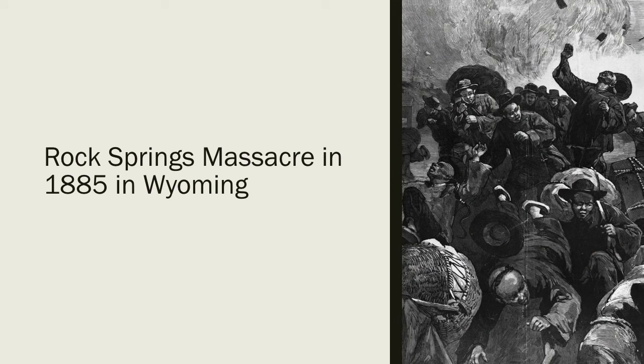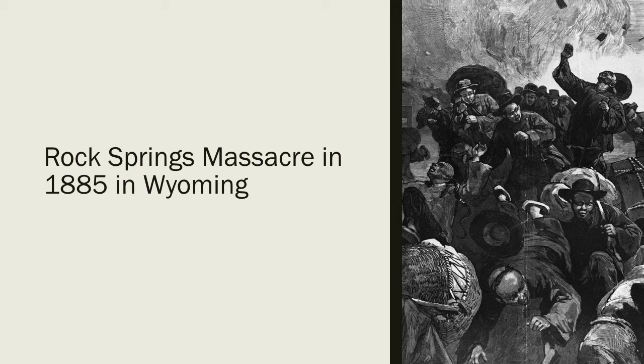Three years later, the Rock Springs Massacre happened in 1885 in Wyoming. The reason was white miners suspected that Chinese workers had depressed their wages. A brawl erupted between some white and Chinese miners. They even armed themselves with knives, guns, and other weapons.